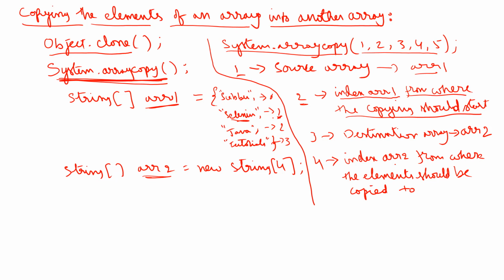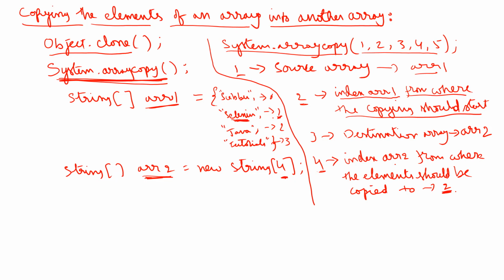Let's say I don't want the copying to start from 0. I want the copying to start from number 2, that means the third element. So this will become 2 in that case. If I want the elements to be copied starting from the index 2, that means from the third element, then the fourth parameter becomes 2.